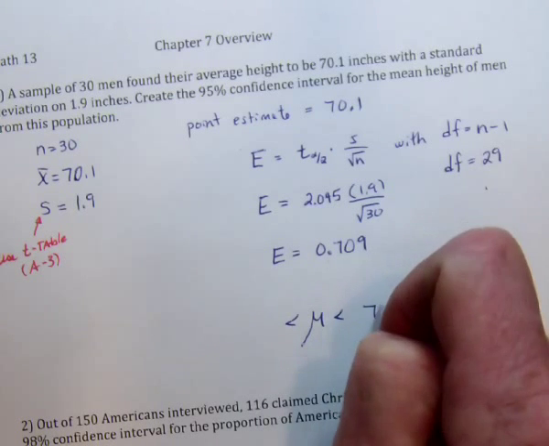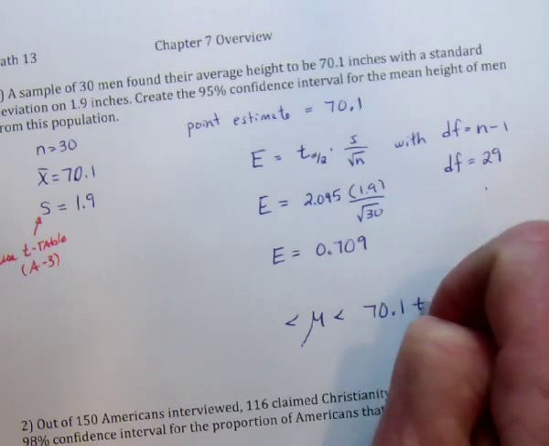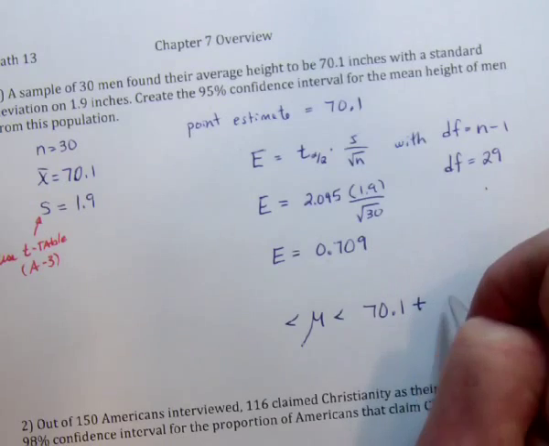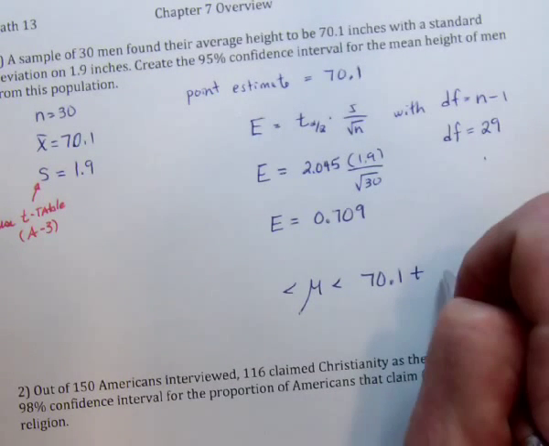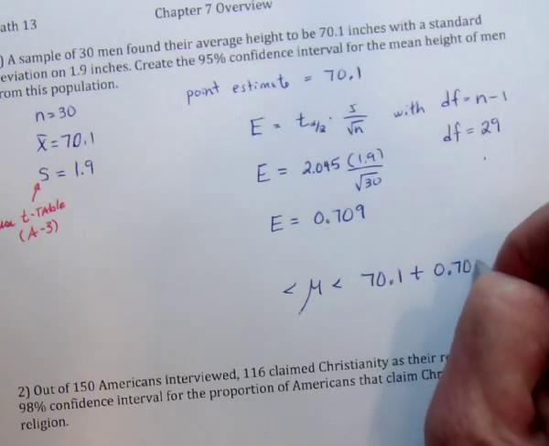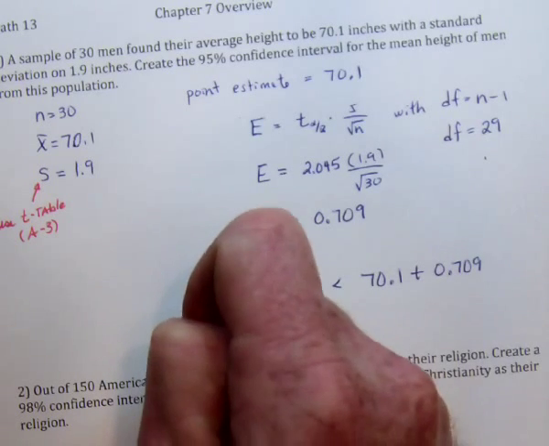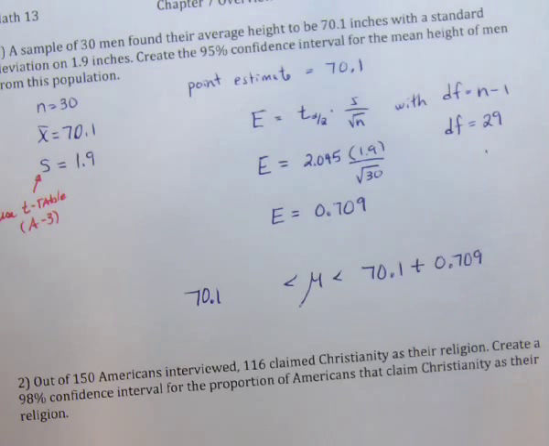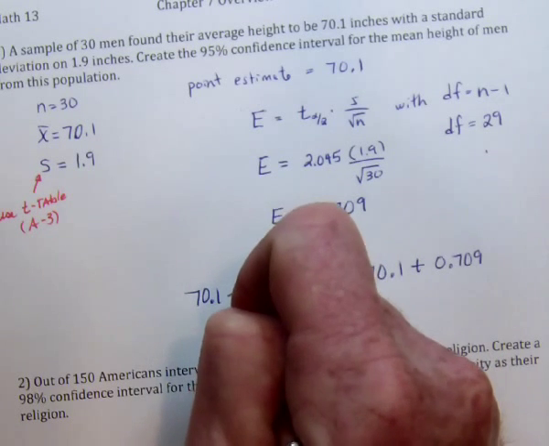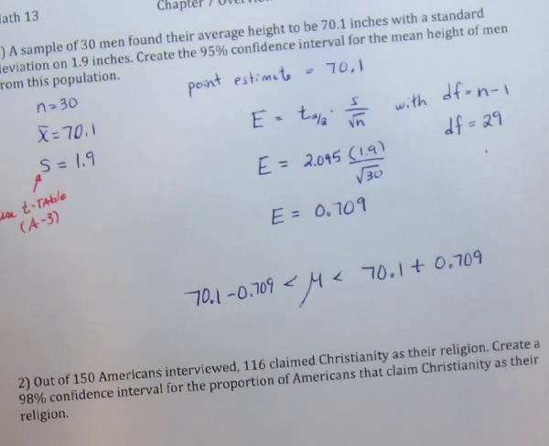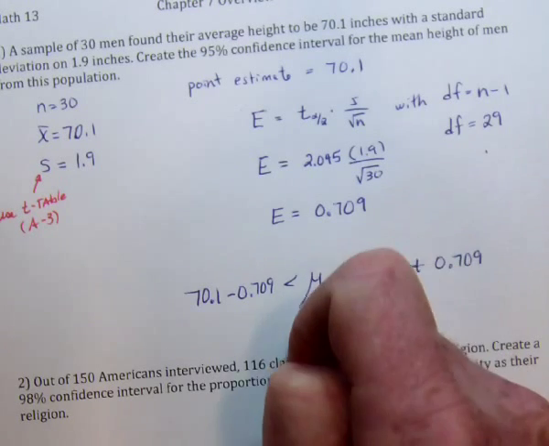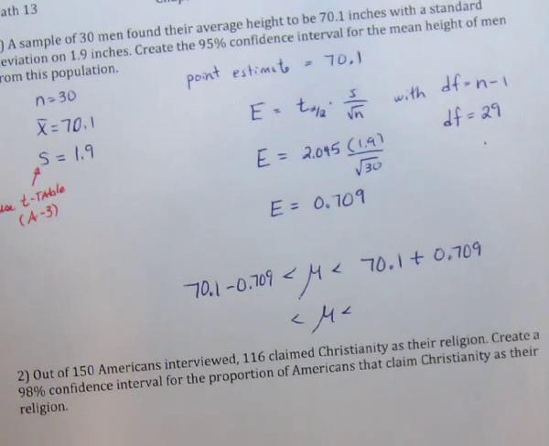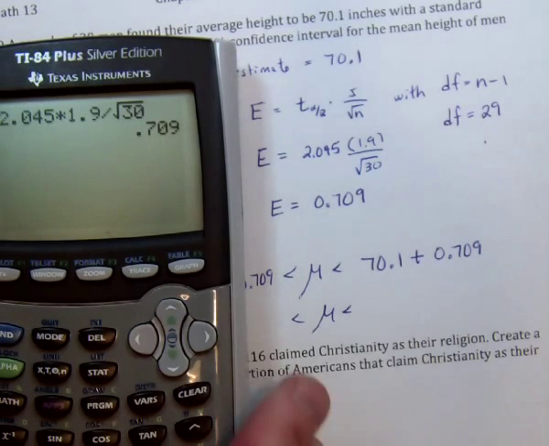So it could be that they're actually taller than that, taller than the 70.1. So on this side, you add the 0.709. On this side, it could be that they're shorter. So take 70.1 and subtract the error. All right, so 70.1 plus the error of 0.709.